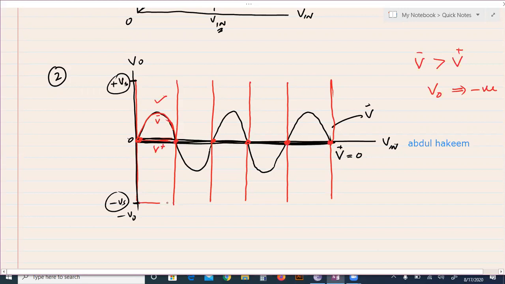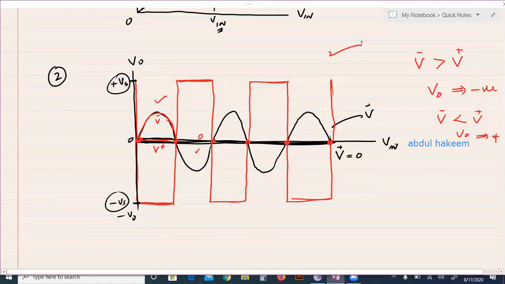So we will join these two bars in the negative portion. And here, this 0 is greater than this negative value. So V inverting is smaller than 0, meaning smaller than this non-inverting. So output will be positive. So positive output and then negative output, positive output, negative output, and so on.